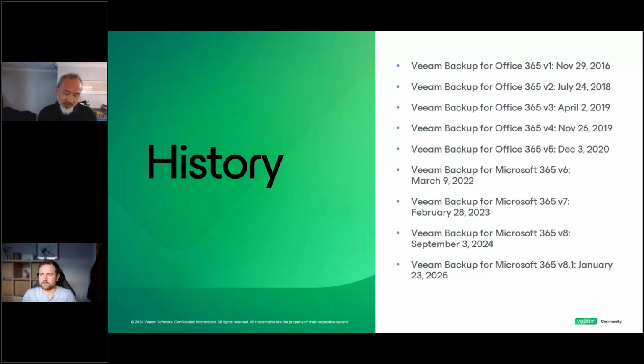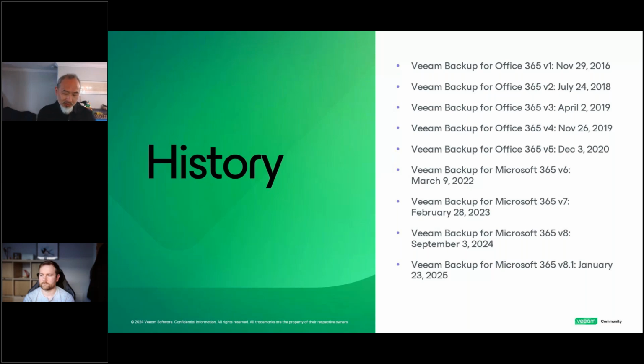In 2019, it added some more performance enhancements, as well as introduced the self-service portal. And in version 4, in 2019 as well, it added support for object storage so that you can now back up to Amazon S3, Azure Blob, or IBM Cloud.